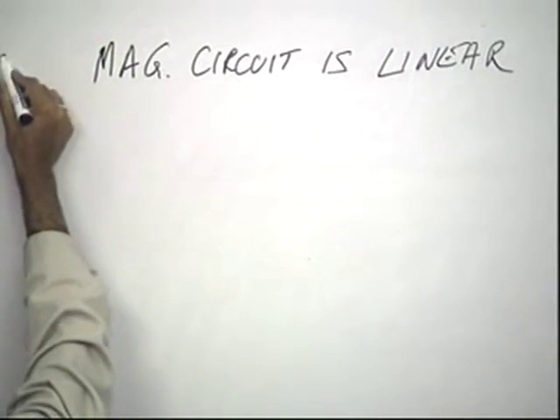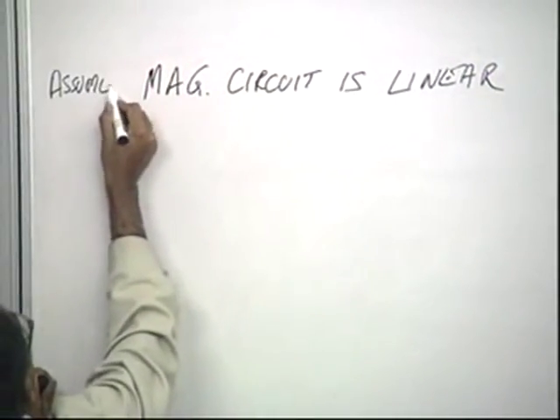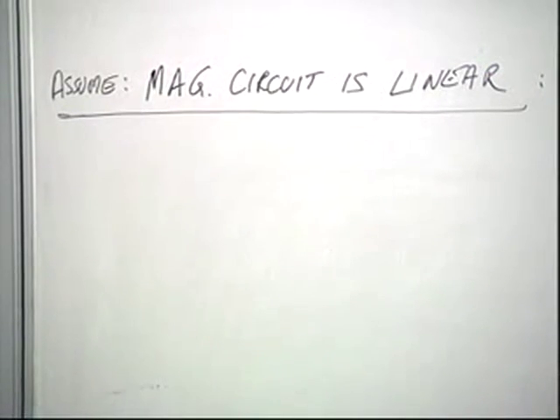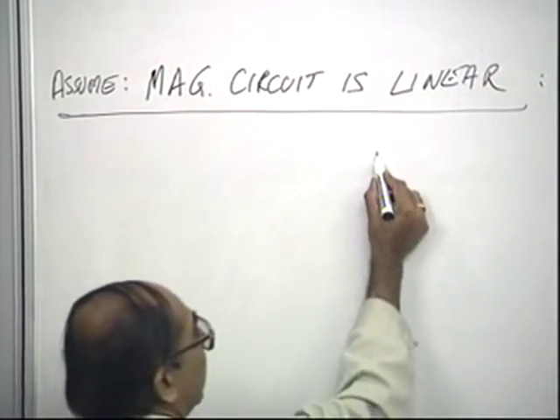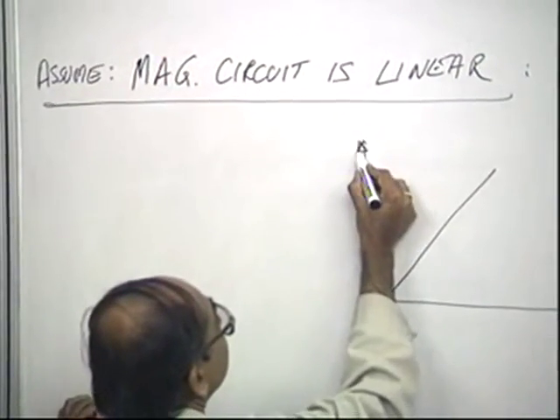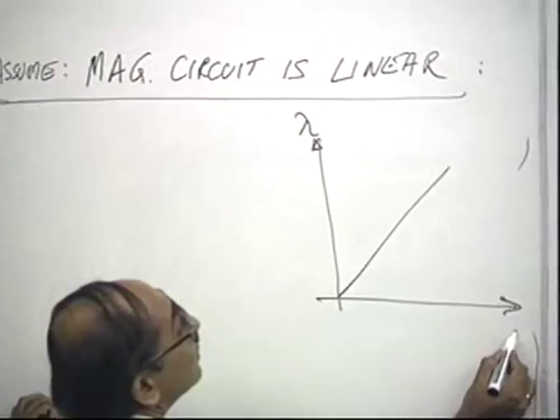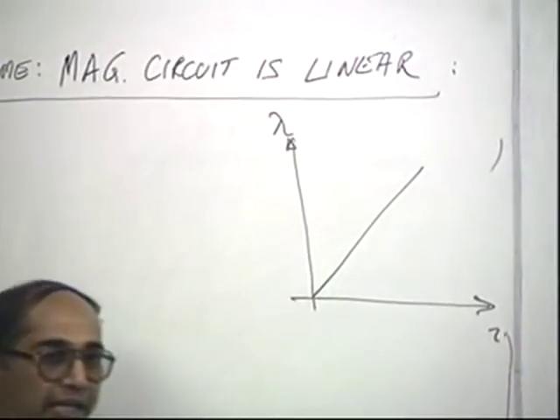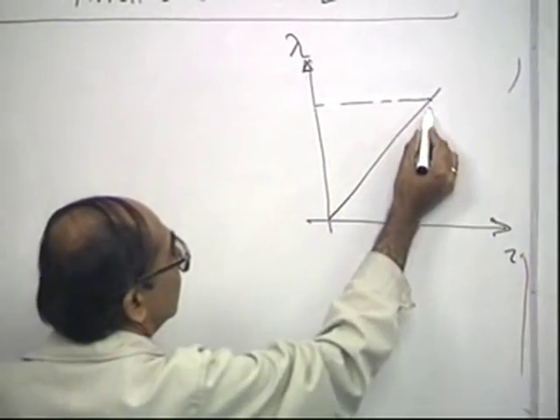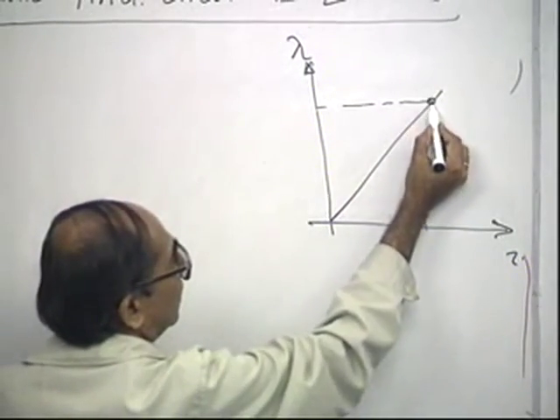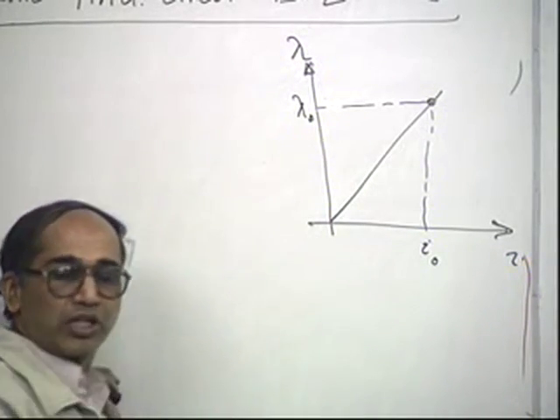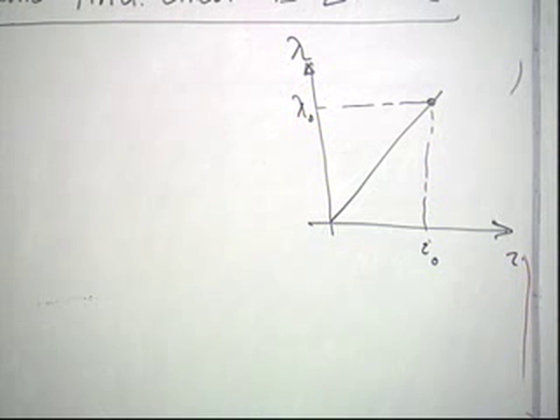That means your I lambda variation is a straight line like this. There is no non-linearity. So then what do you get? For any given state, say I naught, lambda naught, what do you get as W field dash?